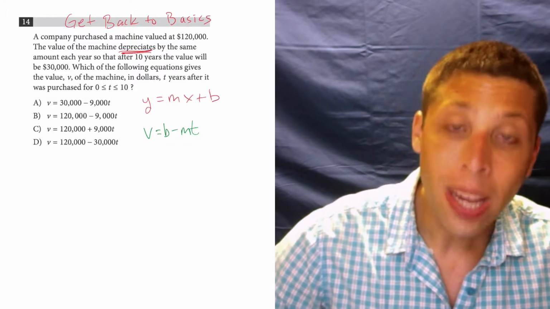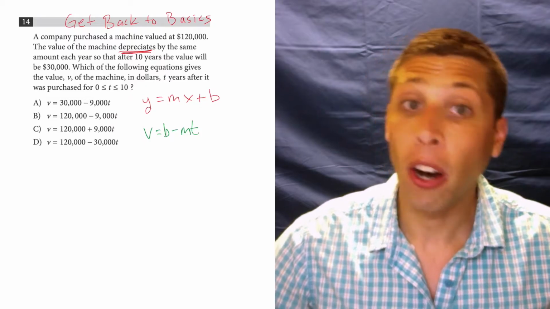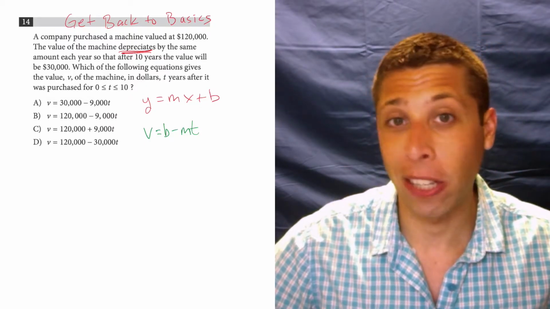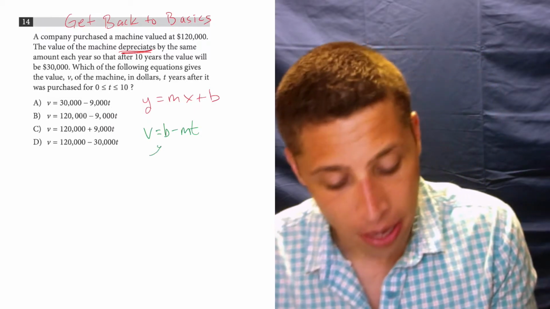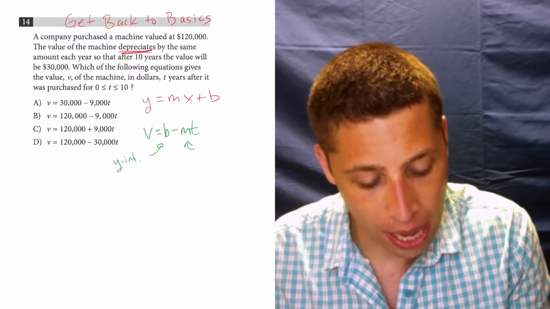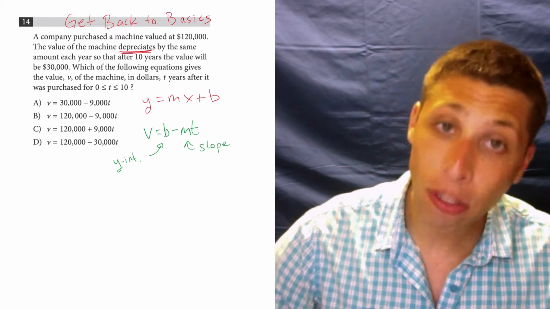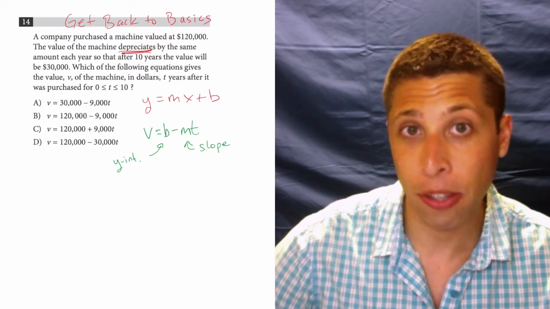Now, we still need to figure out what b and m are based on this story. But because it's a line, and lines are lines, they don't change just because we've added a story on top of them, we know what b and m are supposed to represent. B is normally our y-intercept, and m is normally our slope. And when we have a story, we sometimes use different words to describe these two things.